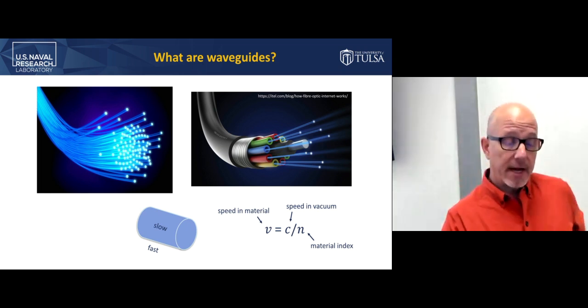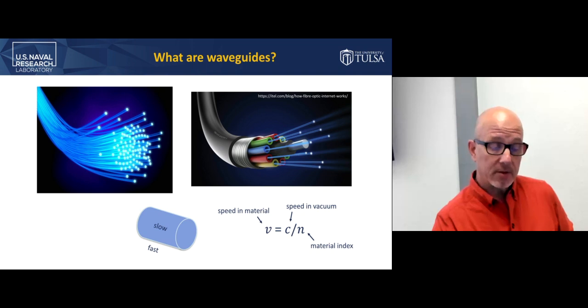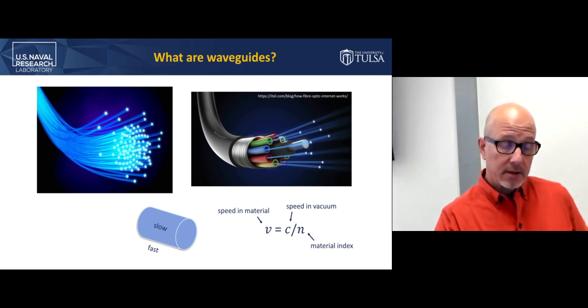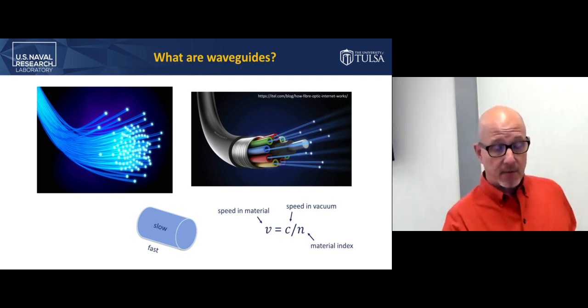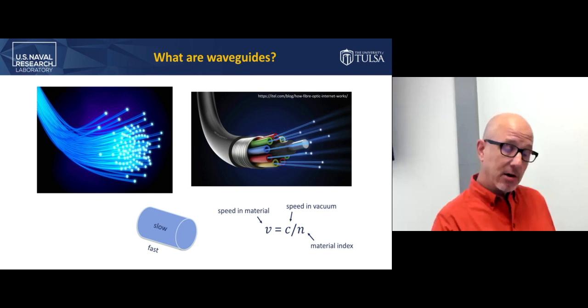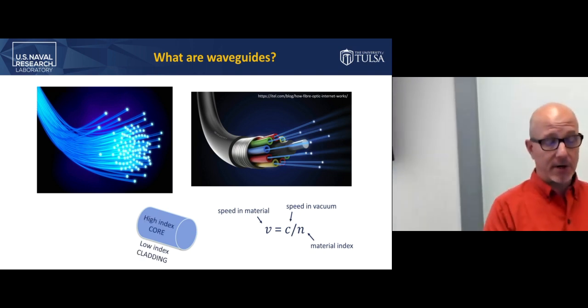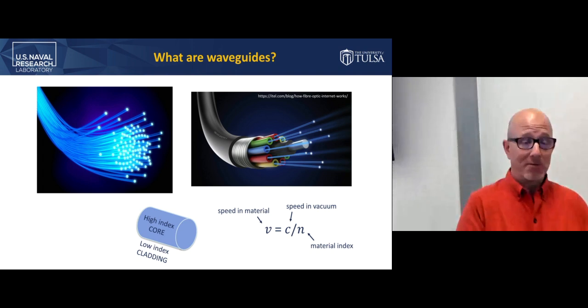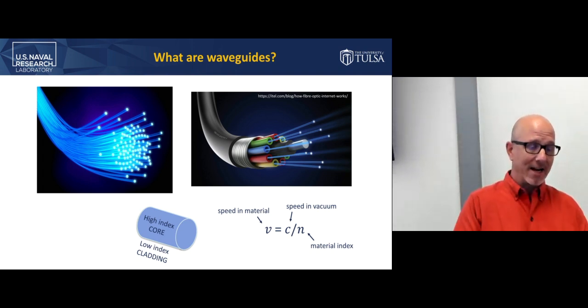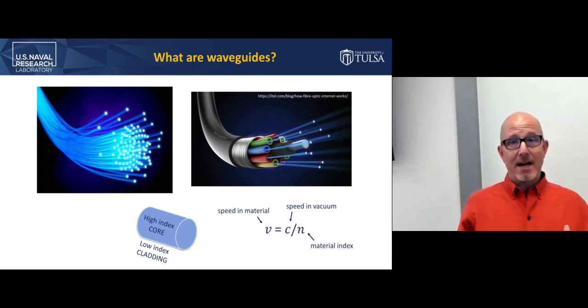The speed of light in a material is characterized by its index of refraction: it's the speed of light in a vacuum divided by the index of refraction. So we need a slow material surrounded by a fast material, or in the language of waveguiding, a high index core material and a low index cladding.